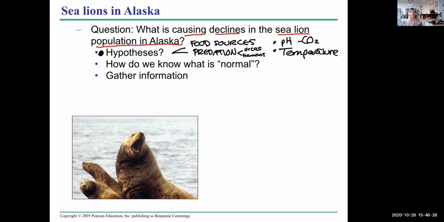So when I did my study on coho salmon, the question was, what causes salmon declines? And there are many hypotheses. So there were predators, fishing, habitat loss, and abiotic variables in their habitat. It's interesting.